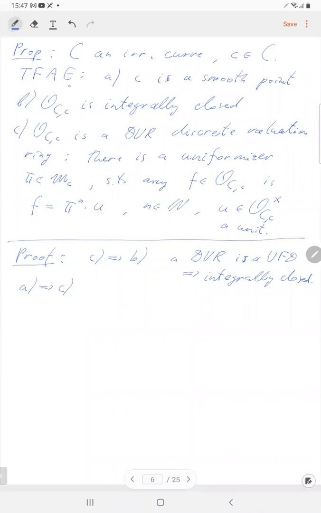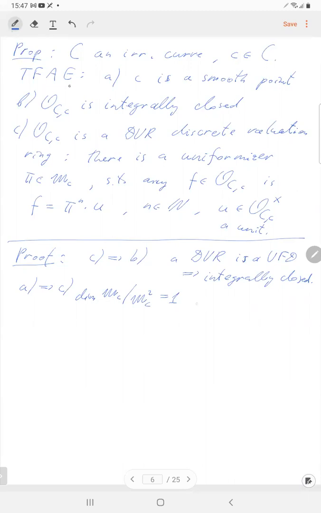The basic thing is that the maximal ideal modulo its square is one-dimensional. Well, any two elements of this quotient differ by a scalar.